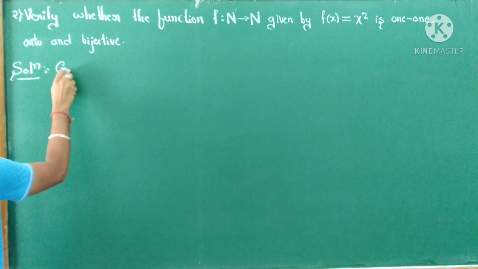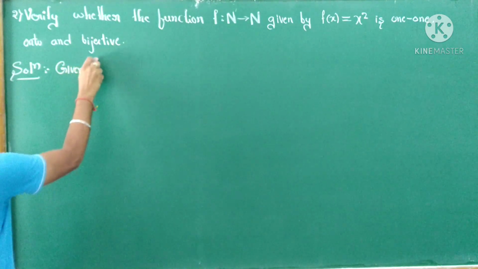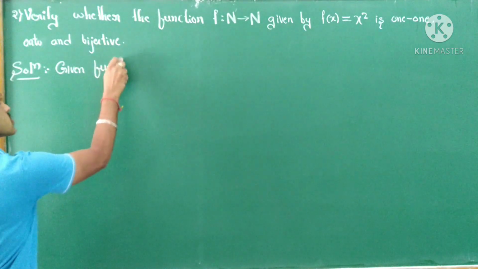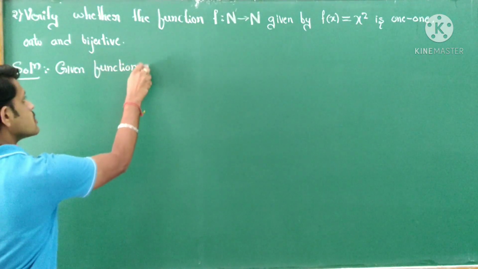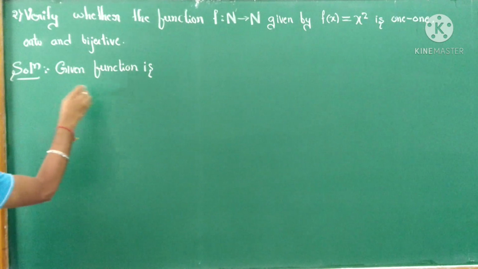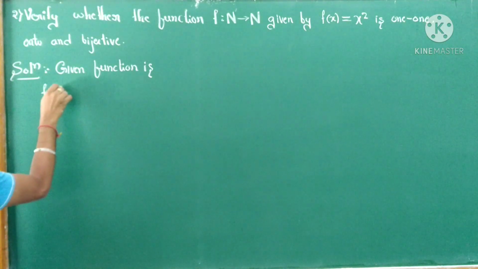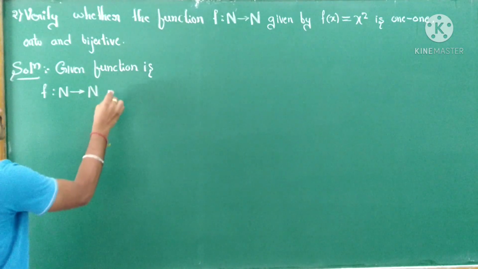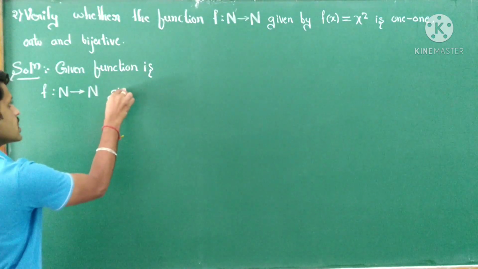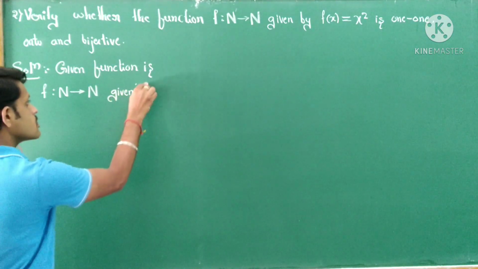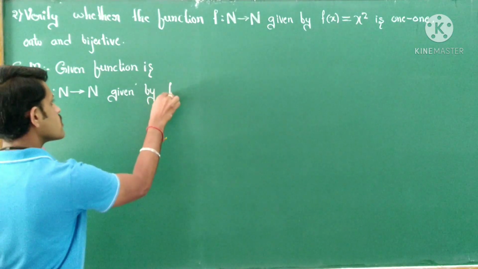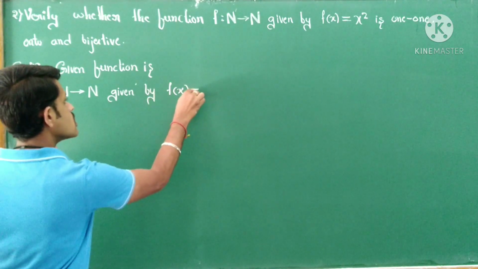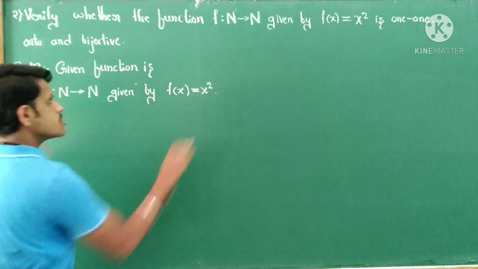So first we write the given function f from natural numbers N to natural numbers N given by f of x is equal to x square.